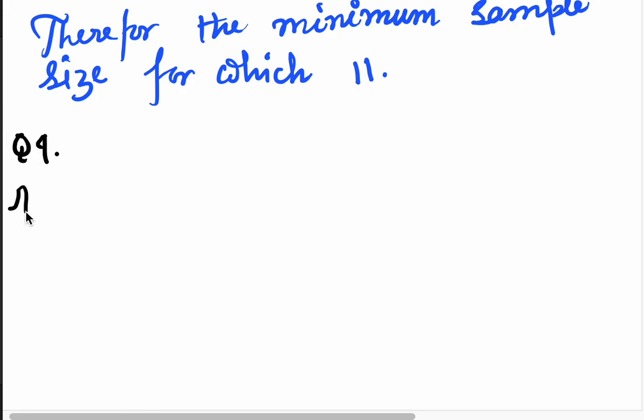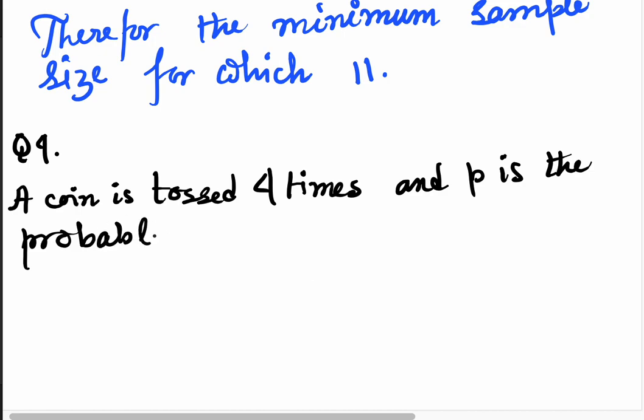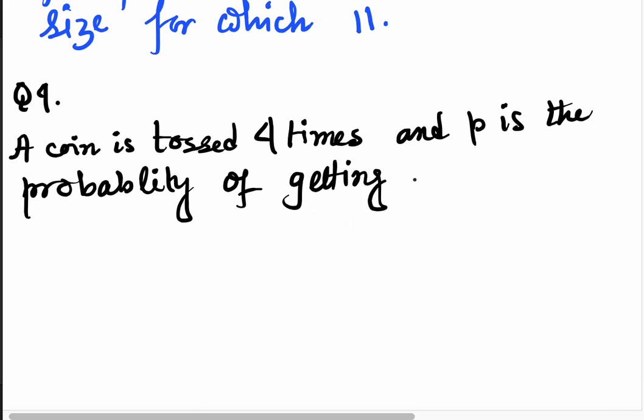A coin is tossed 4 times and p is the probability of getting head in each trial.